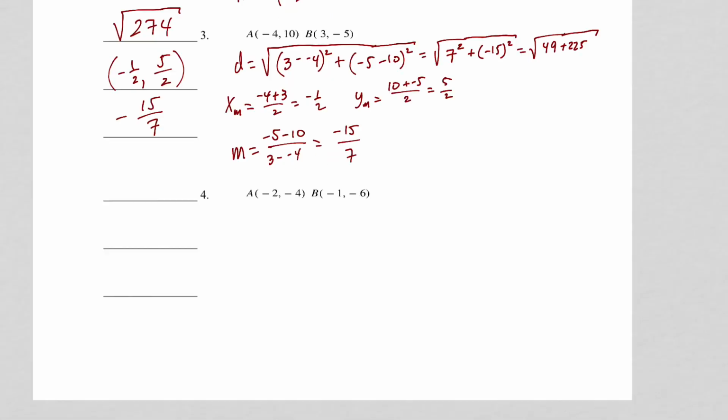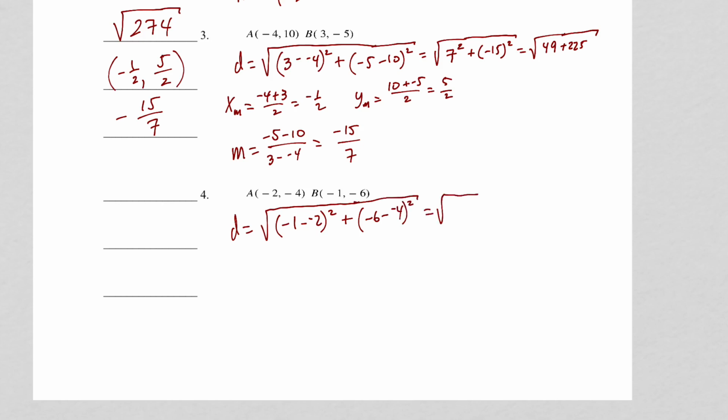And that's it. Number 4, the distance is the square root of the difference of the x's. So negative 1 minus a negative 2. That'll be negative 1 plus 2. And the difference of the y's is negative 6 minus a negative 4. That's going to be 6 plus 4.